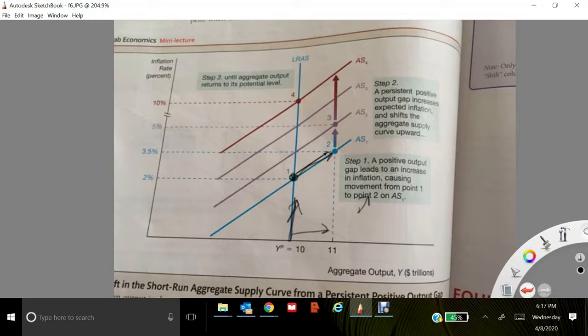If this gap is persistent, let's say it lasts 6 months or a year or more, this increase in inflation will result in an increase in expected inflation.